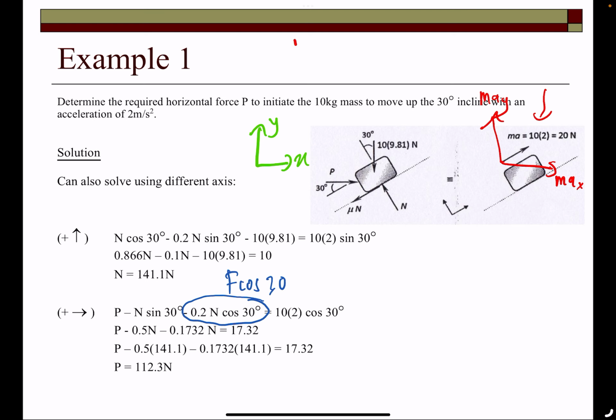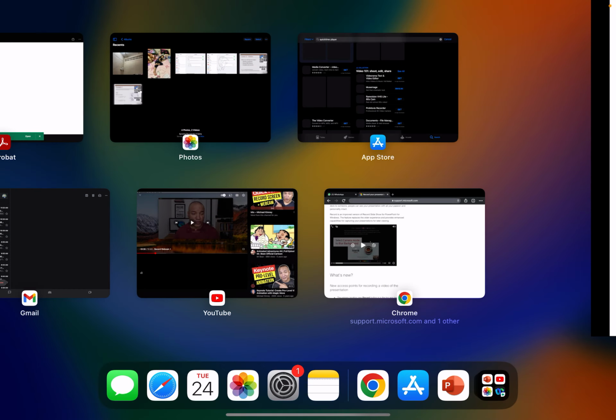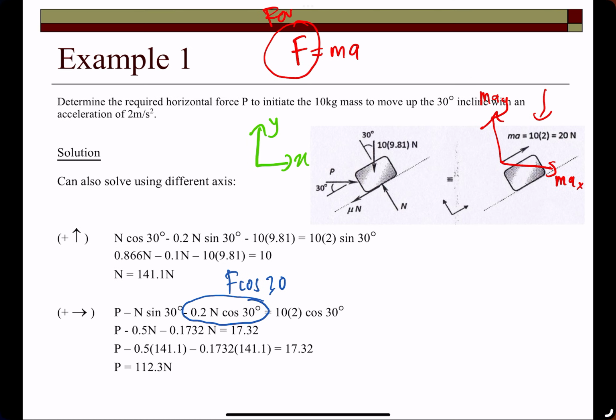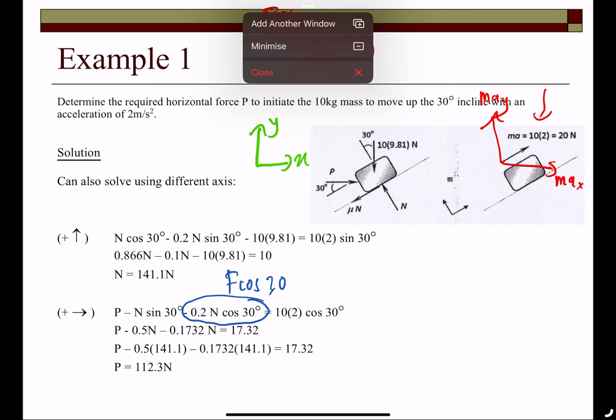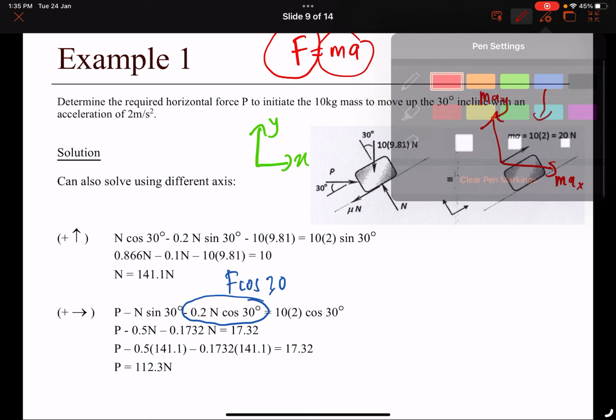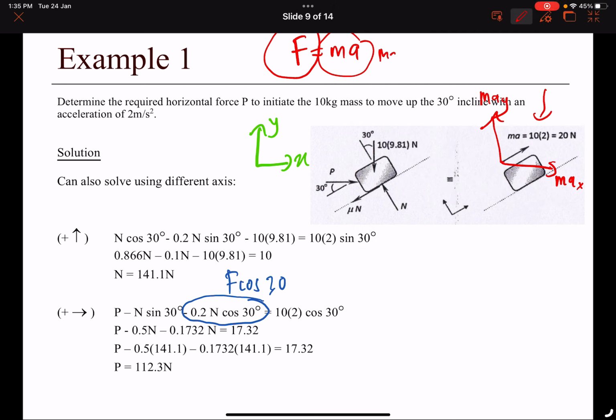Again I want to remind you, this one should be coming from the forces only, and this one is forces, so it should be coming from the forces, and this one should be movement.